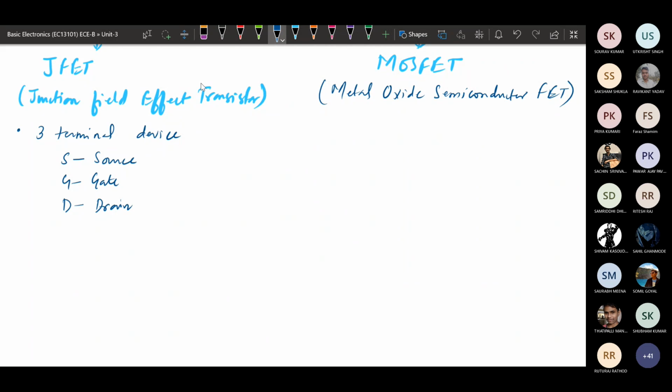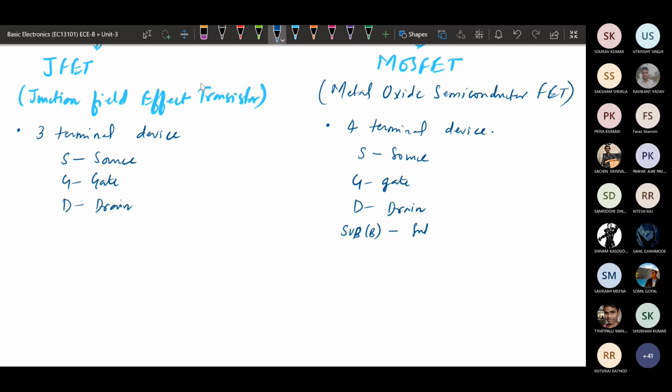In case of MOSFET, it has four terminals. It is a four terminal device. The four different terminals are source, gate, drain, and another terminal called the body, or we call it the substrate.